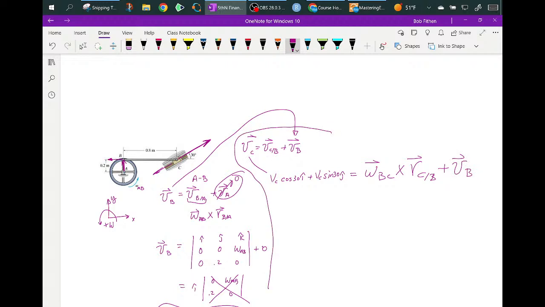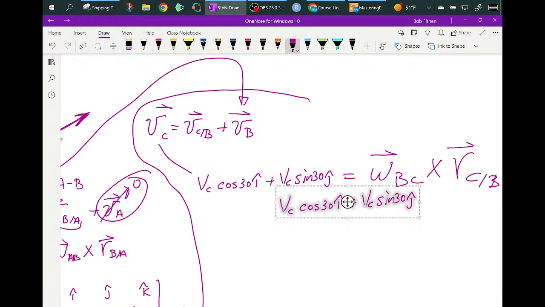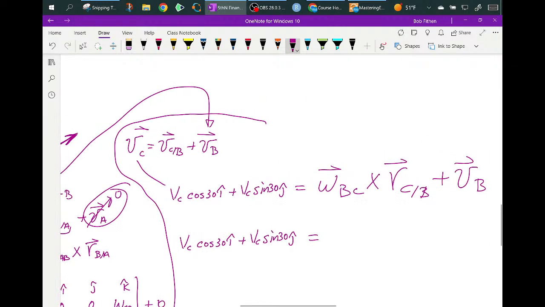What's interesting here, and I can use the magic of the copy, select and copy, is I, J, and K, and 0, 0, omega BC, don't know what it is.